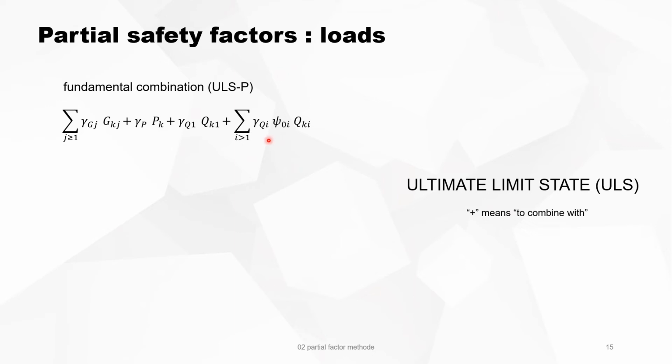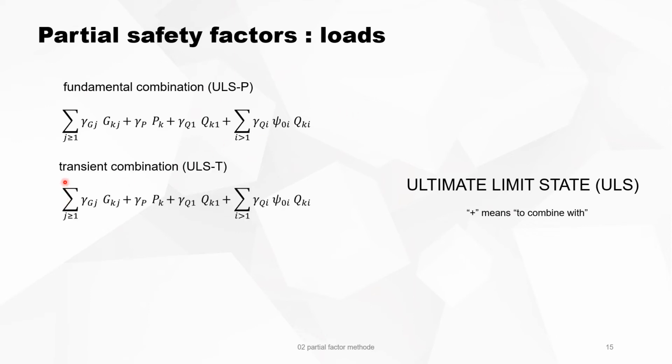So this is an equation, and you have to take every time another mobile load as the first mobile load and combine it with the other mobile loads. So if there are three mobile loads, this equation represents three equations, in fact. The transient combination is exactly the same, there's no difference.